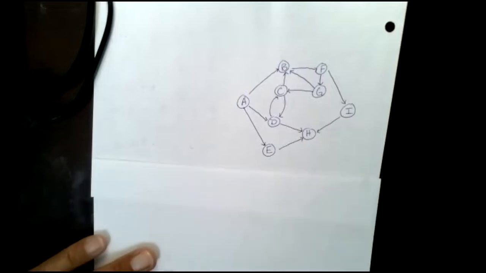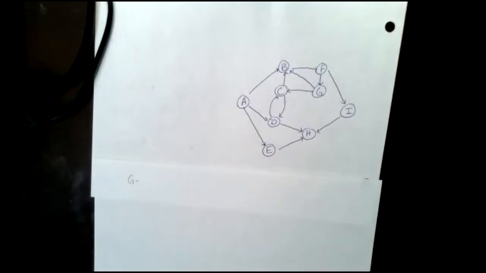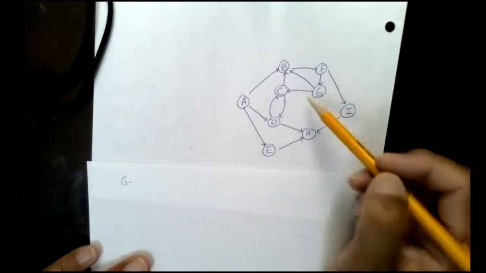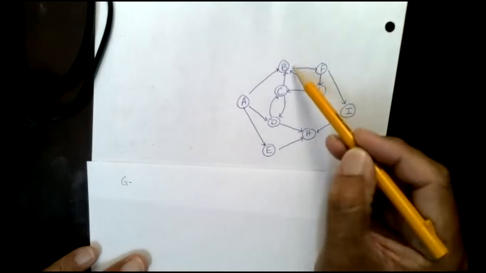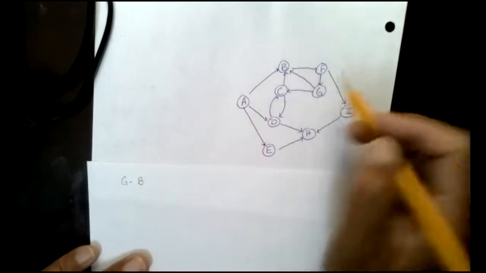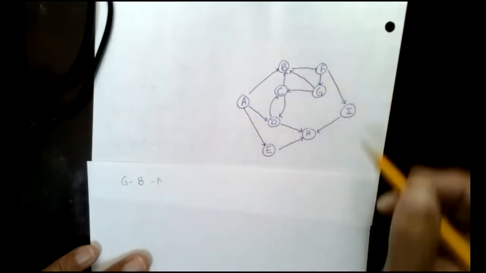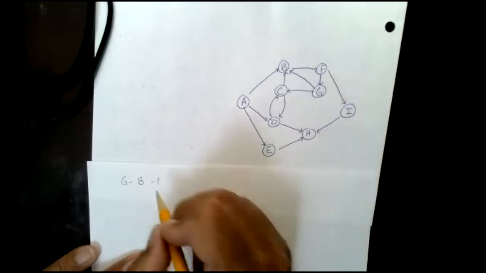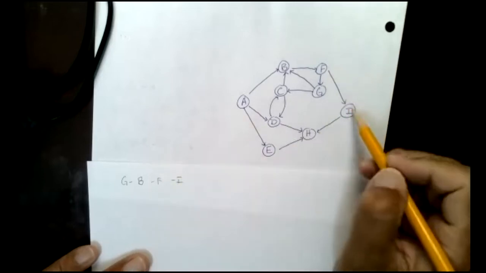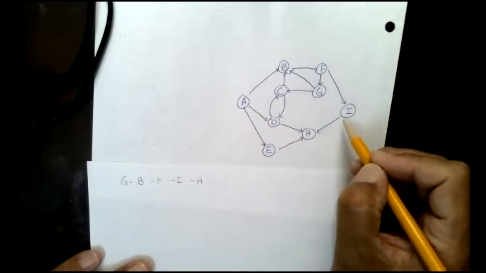Let's see. If I'm at G, where can I go? What are my options? From G, I can go to B. From B, I can go to F. From F, I can go to G, but I know I can get there. I can go to I. I can go to H. I work my way back up.